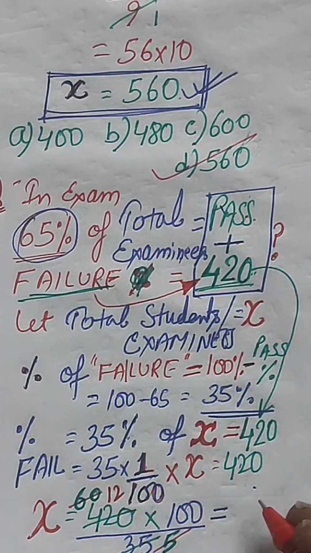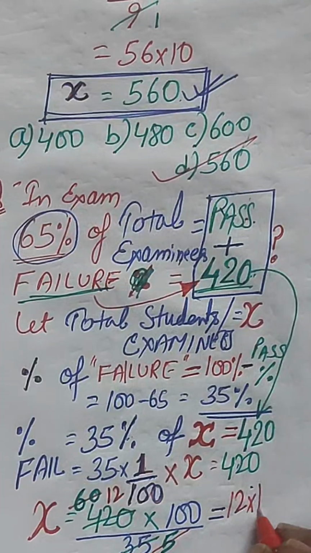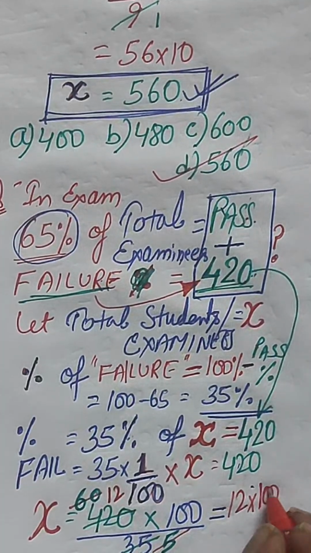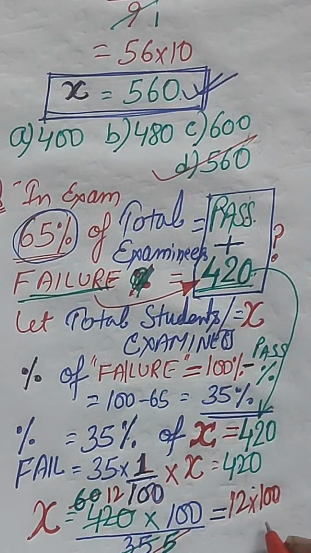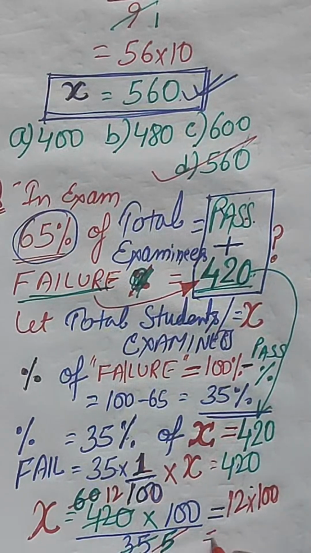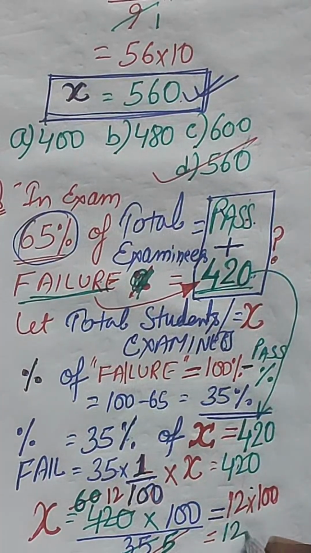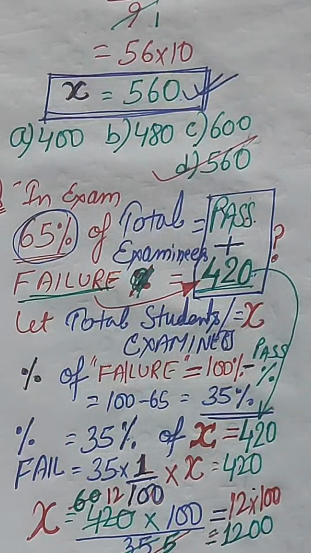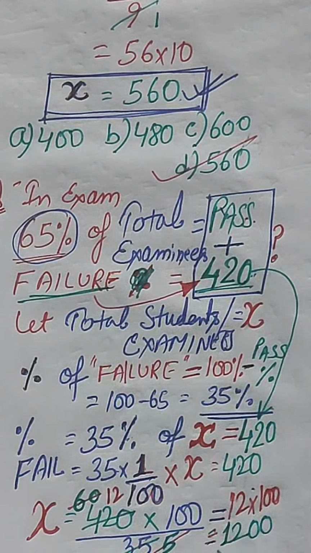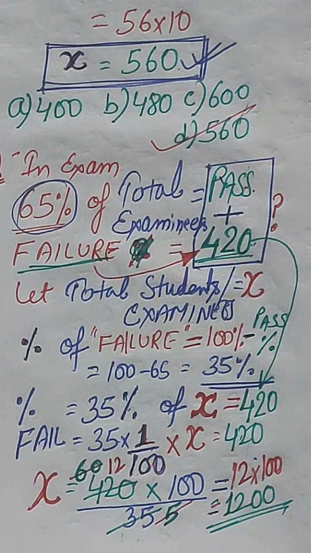So this will be giving you 12 into 100, 1200. Huge number of students sat in the examination. 1200. Right. So this is the correct answer, students, and we have 4 options with us.